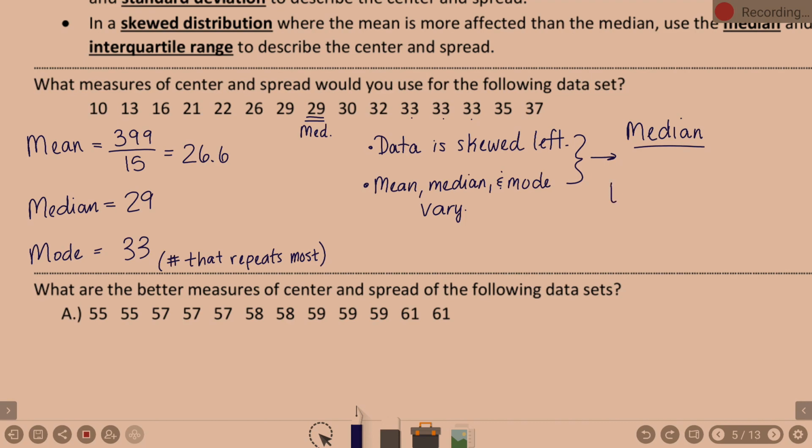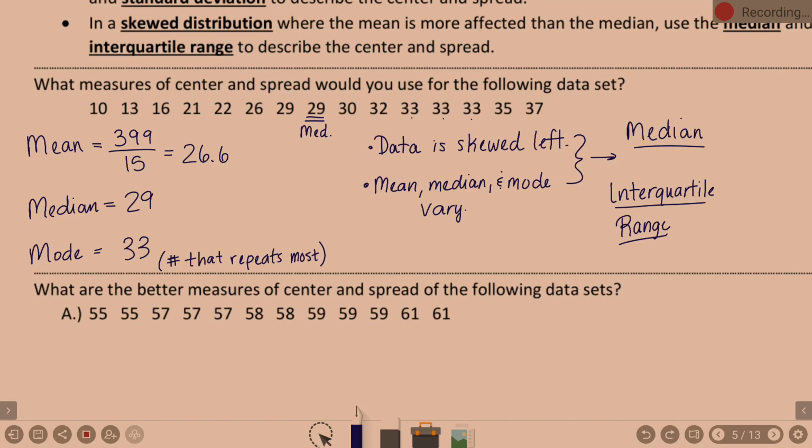Median and interquartile range. And we actually have to find those. Based on the fact they're different, they're skewed, we need to find our median and interquartile range.